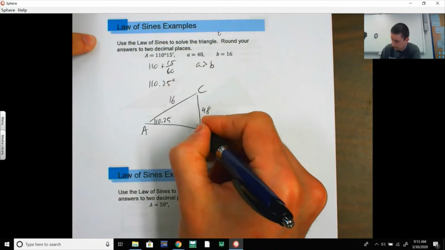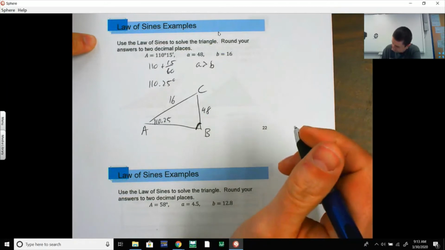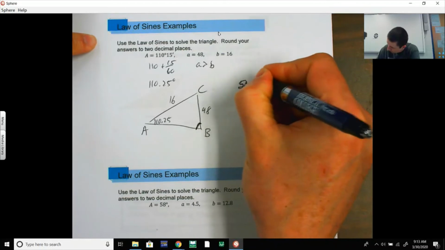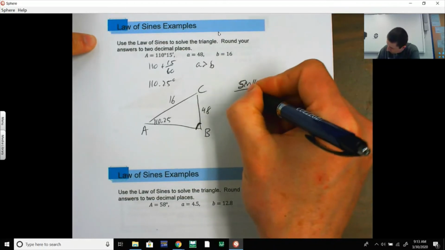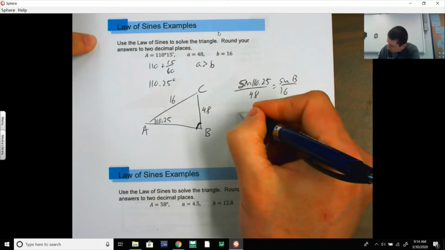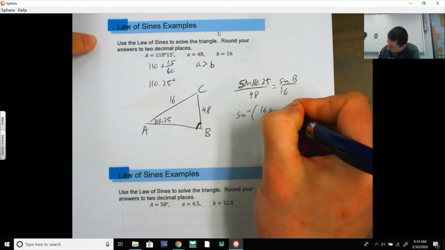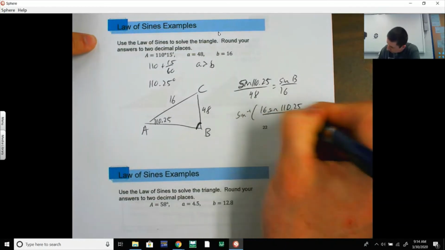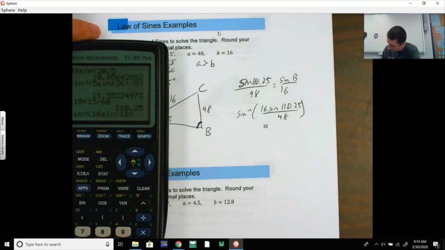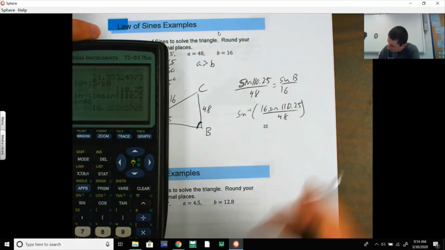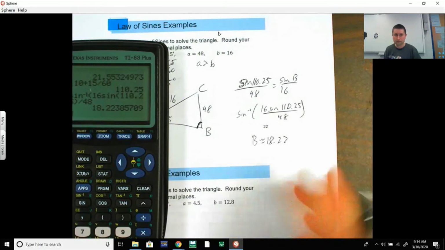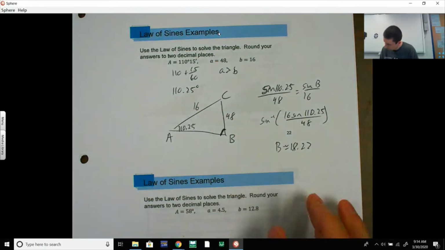So you would find this angle right here first. Sine of 110.25 over 48 equals the sine of B over 16. So we need the inverse sine of 16 sine 110.25 over 48. And we get B to be about 18.22. And again, from there, you can get the rest of it.